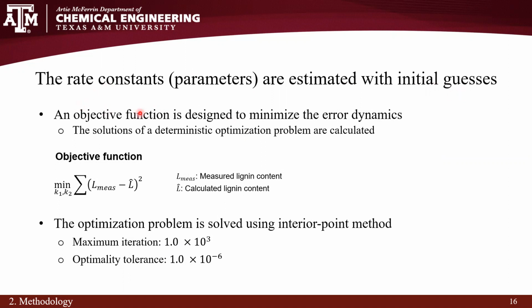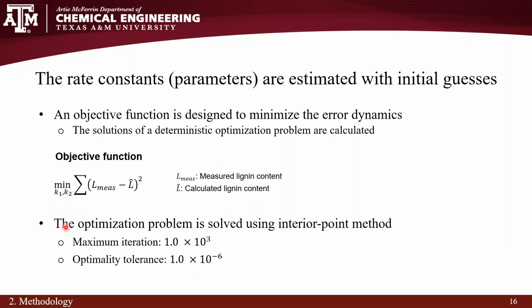So first, an objective function is designed to minimize the error dynamics, and the solutions of the deterministic optimization problem are calculated. The objective function is designed to minimize the deviation between the measured lignin content from the experiment and the model lignin value, while decision variables are the reaction rate constants of the forward and reverse reactions.